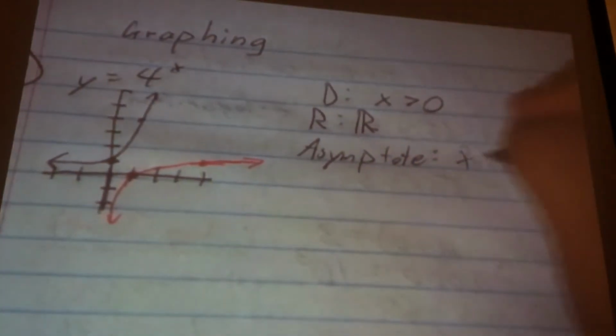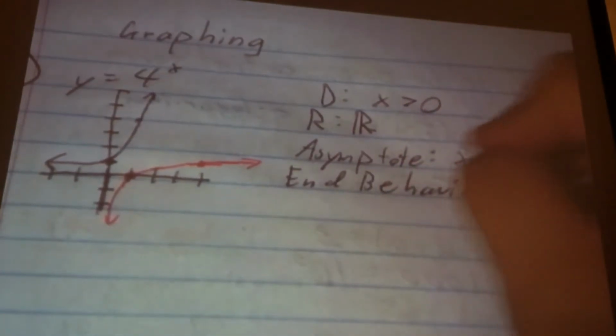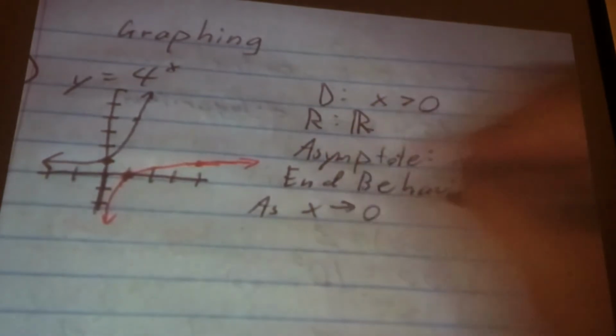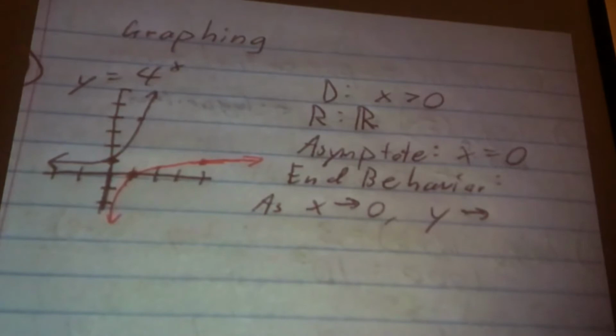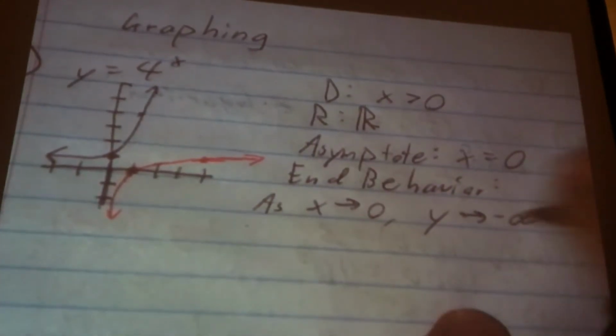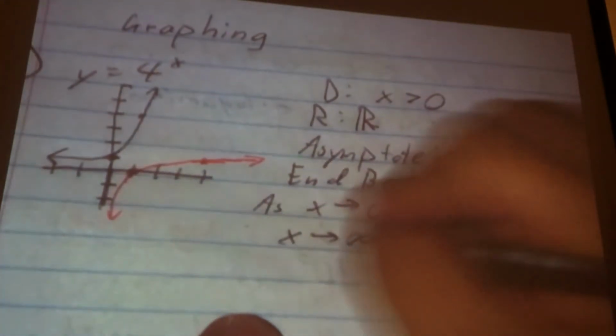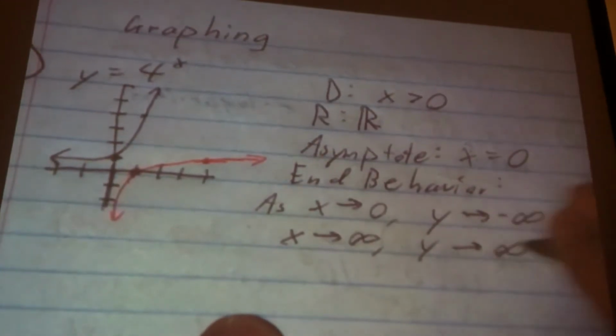X is equal to 0. And my end behaviors. So for example, as x approaches 0, y is approaching what? Negative infinity. Okay. Then as x approaches infinity, y goes to infinity.